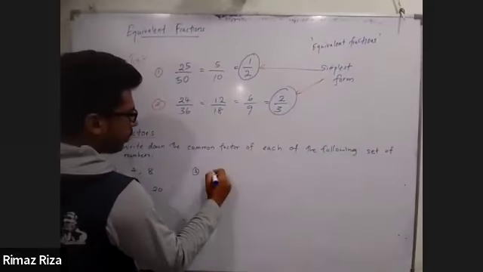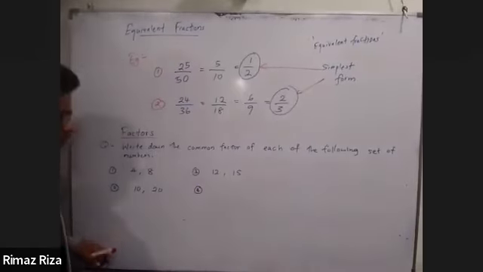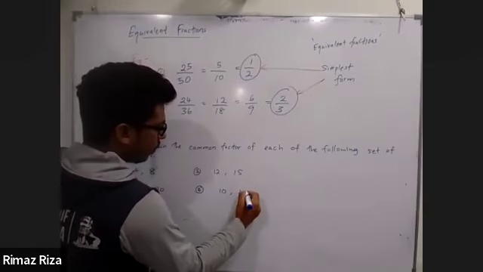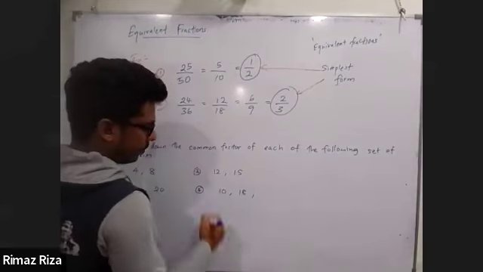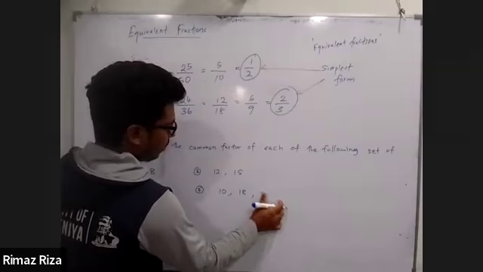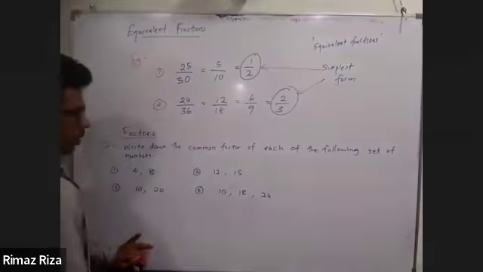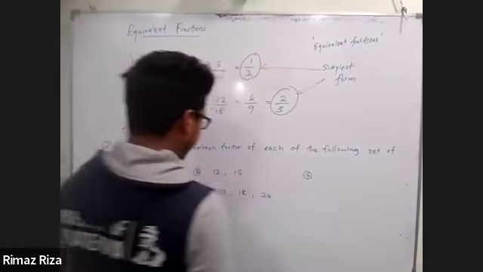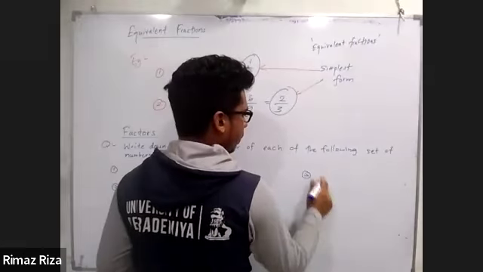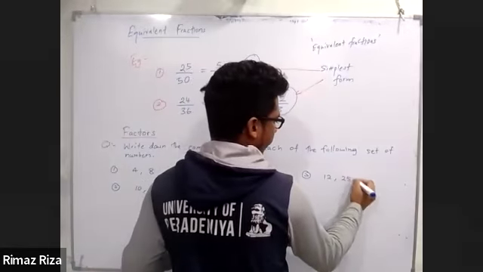Third one, 12, 15. 4, 10, 18, 10, 18, 20. The last one, 12, 25.